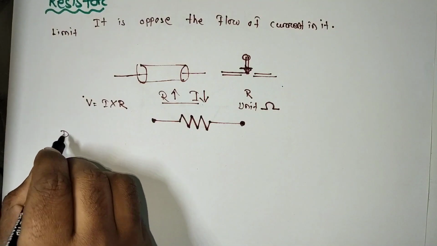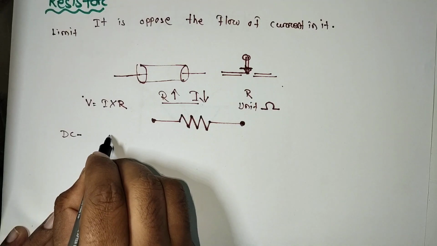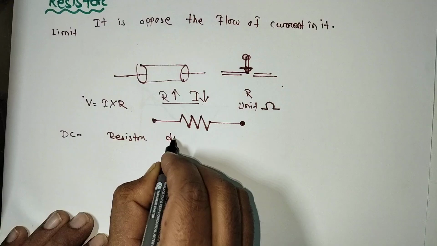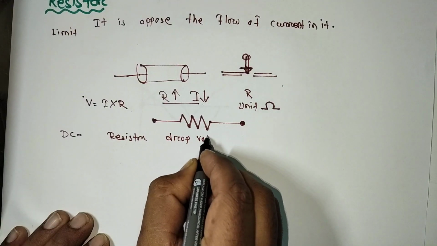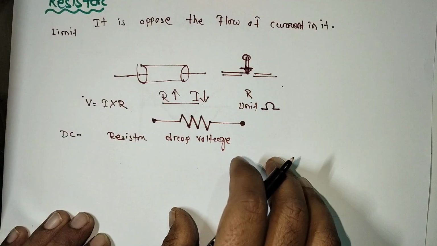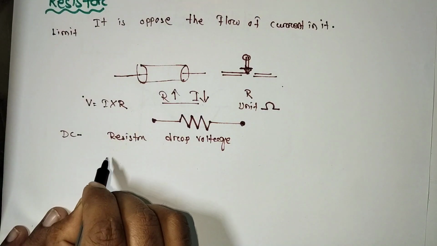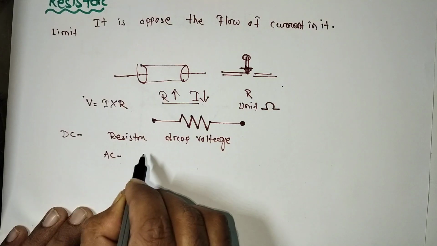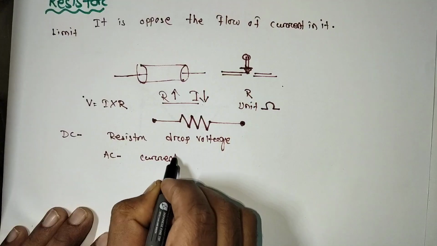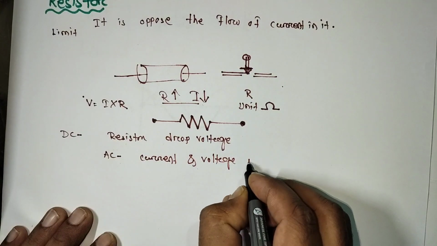In DC, what happens? The resistor drops the voltage. By dropping the voltage, it can limit the current. In the AC case, in a resistive circuit, the current and voltage are always in phase.